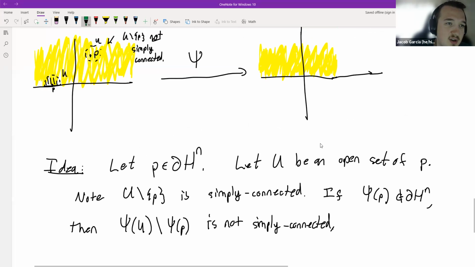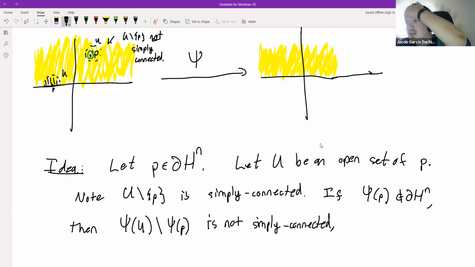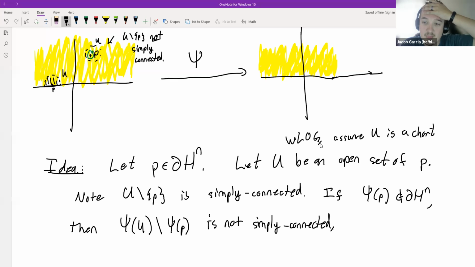Right, because there exists a non-trivial loop which doesn't exist inside of the original, which exists inside of here. And so the crux of the argument is just using the fact that this is an embedding which is open on the set U. And you can assume without loss of generality that U is a chart by restricting to charts.